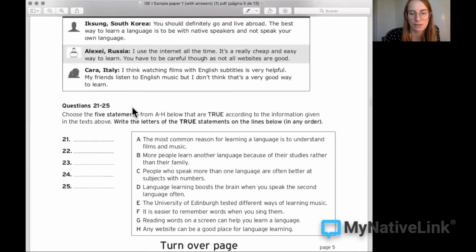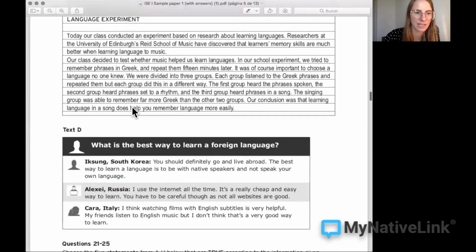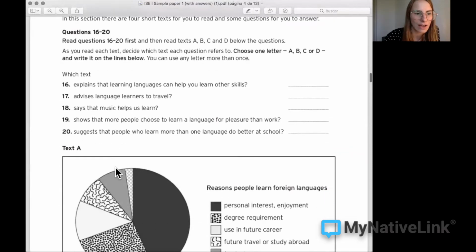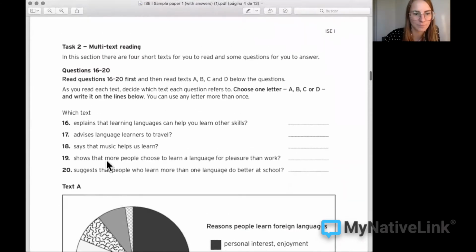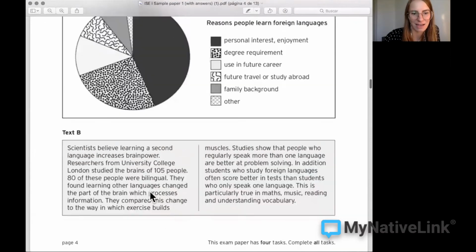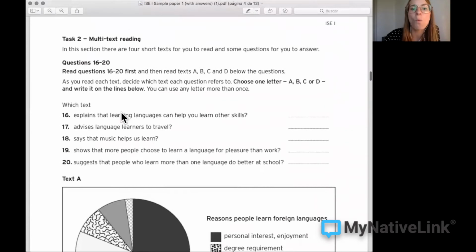answer the questions. Basically, the questions in task 2, reading task 2, are very similar to the questions in reading task 1. Here we've got questions 16 to 20, and you have to connect the sentence, the question, to one of the texts. And you've got 5, so one of the questions you can connect to more than one text.